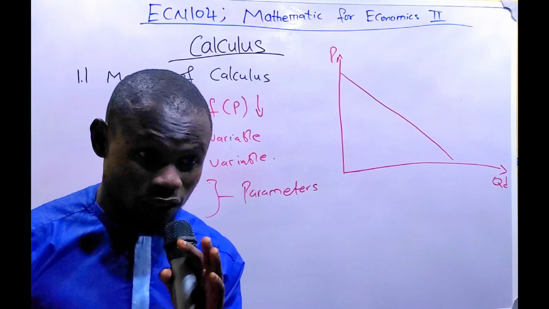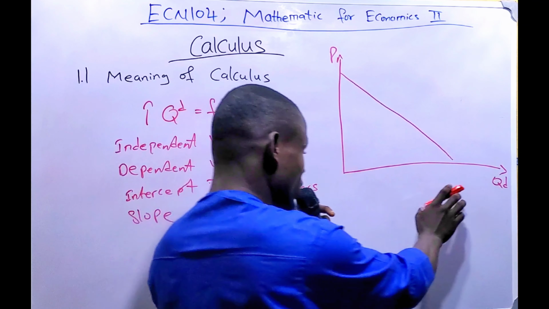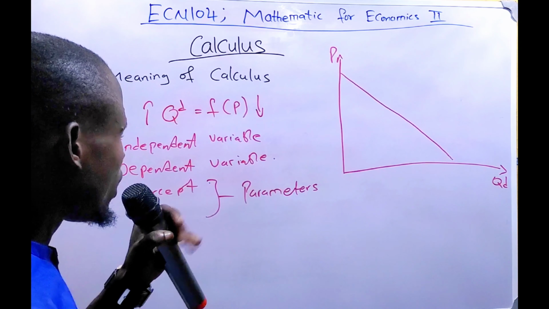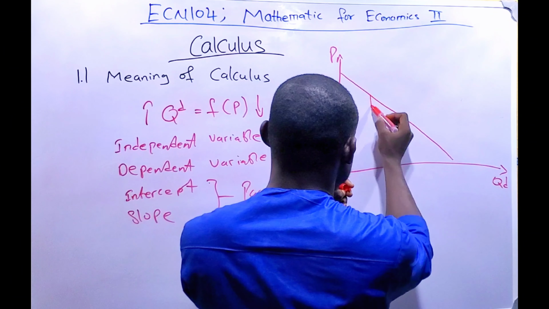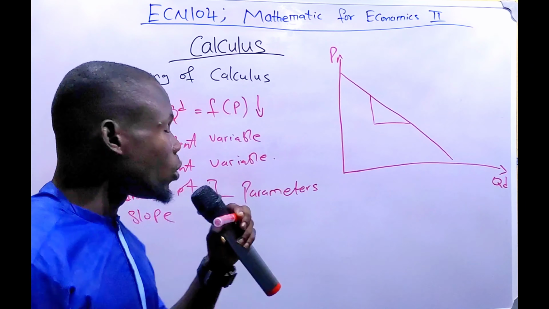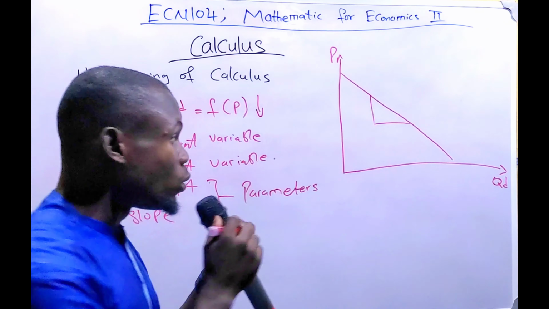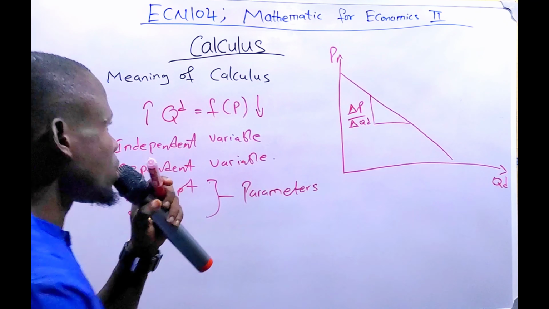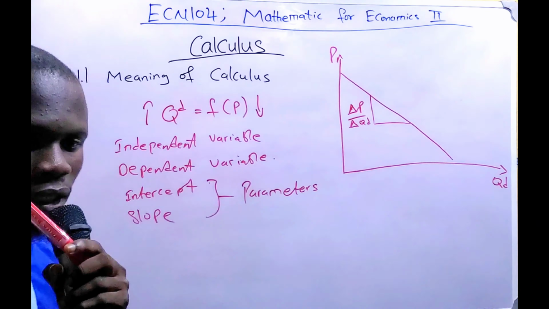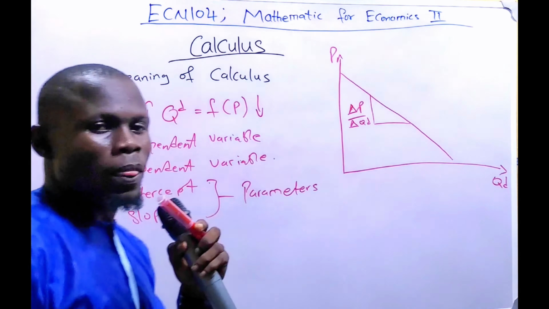This is the graph of demand, with price and quantity demanded on the axes. From this graph, the slope is the gradient of this graph, which will be the change in price over the change in quantity demanded. This is the slope.